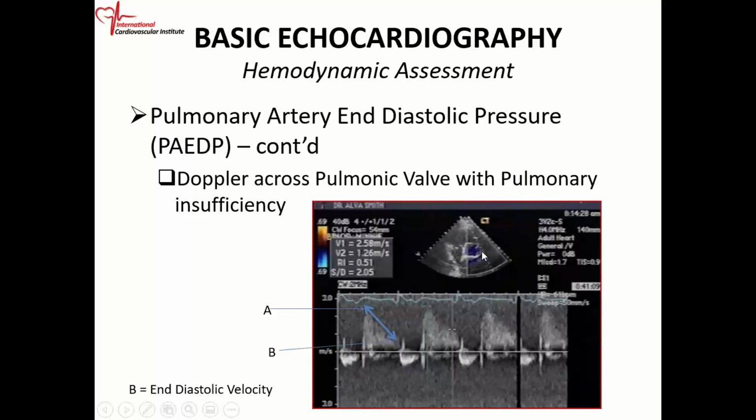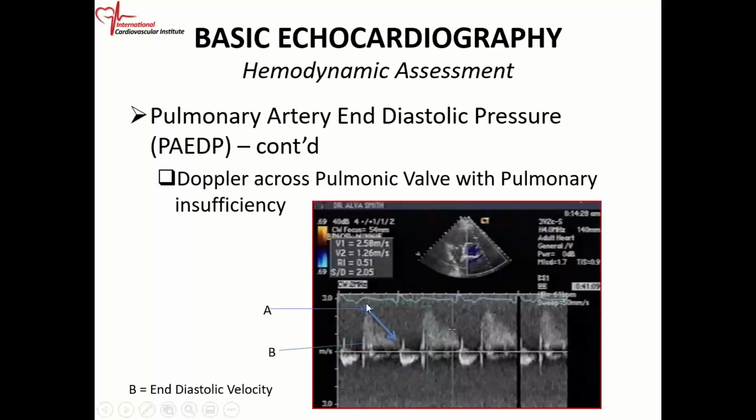So, short axis at the level of the aorta, when you have pulmonic regurgitation or pulmonary regurgitation or pulmonic insufficiency, the same thing, blood is going to flow from the pulmonary trunk across the pulmonary valve into the right ventricle. And you get an envelope looking like this. It's a truncated envelope.